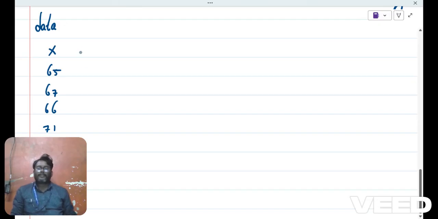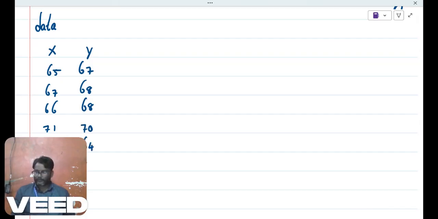The corresponding values of y are 67, 68, 68, 70, 64, 67, 72 and 70. You see here the values of x and y are two-digit numbers.